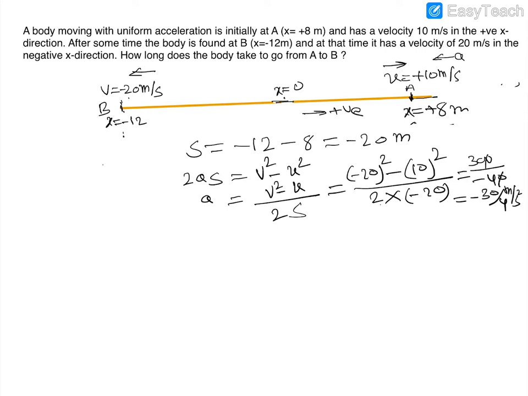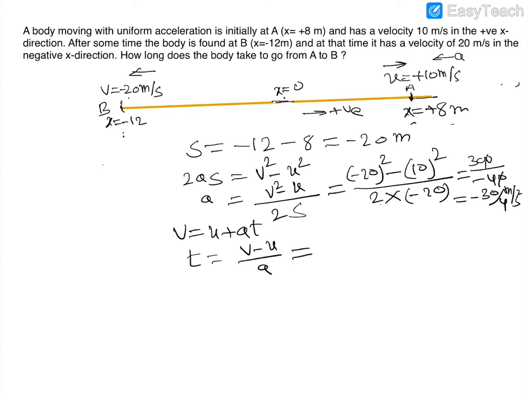Okay, after having found acceleration, the next step is simple, because you know initial velocity, you know final velocity, and it's constant acceleration. So v is equal to u plus at, which means t is equal to (v minus u) by a.